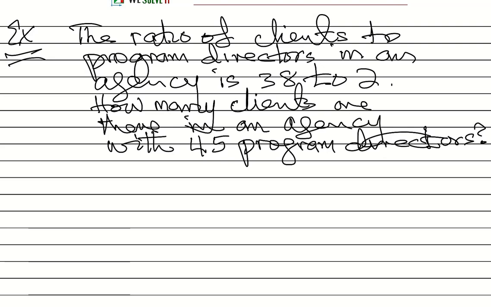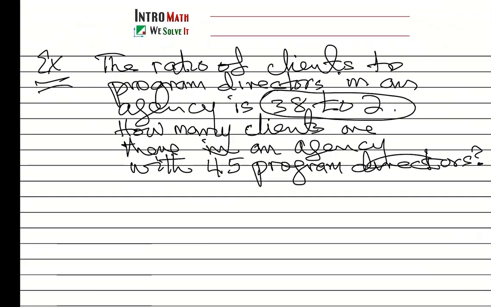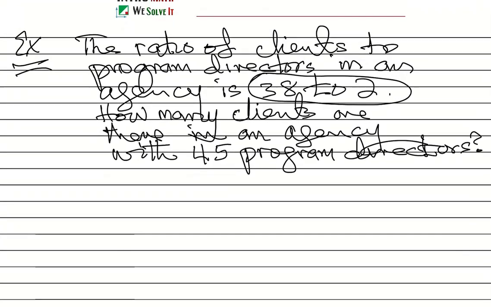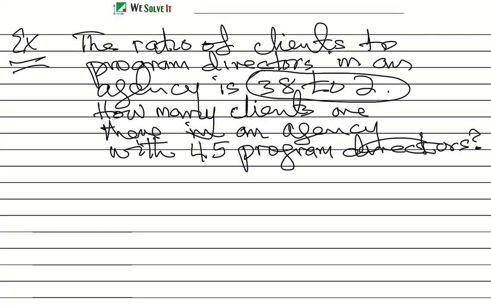Again, this is a proportion problem, right? So basically what you do, you continue as we did before. You don't read too much into the problem. Just know it's a proportion problem. So basically you set it up like this: 38 to 2. It's the same thing. You are given 45. So you use what you're given to solve the problem.